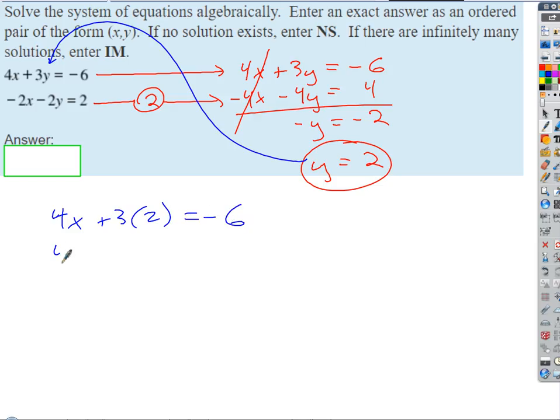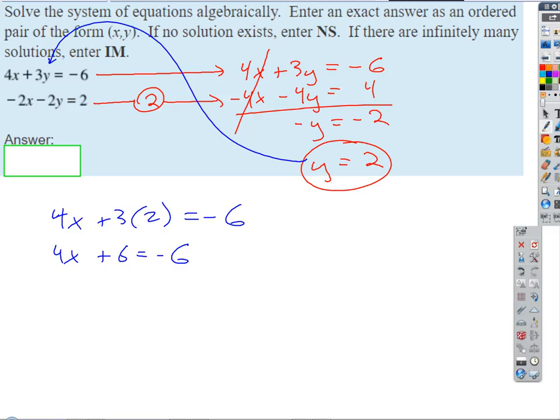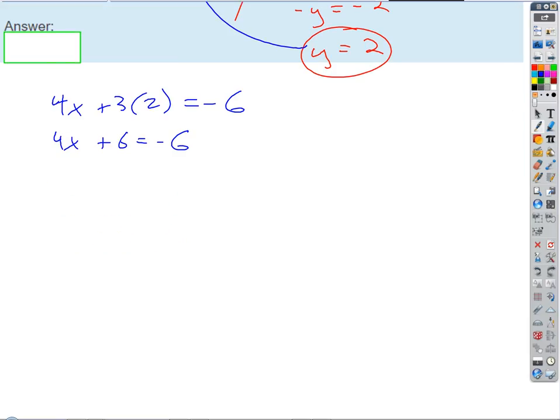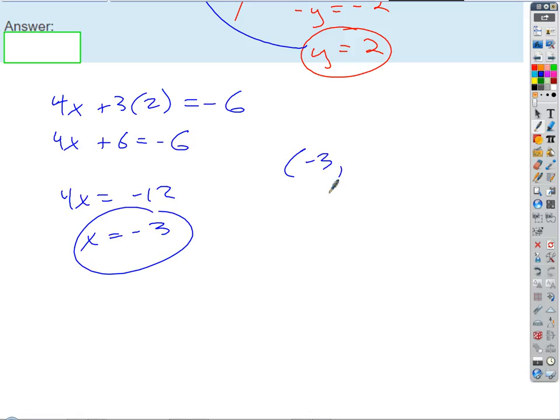So what's that give us? 4x plus 6 equals -6. What are the 2 steps in order to get the x by itself there? Good. Subtract 6 and then divide by 4. Very good. So that gives us 4x equals -12. So x equals -3. So it's the ordered pair. Remember, x goes first. -3, 2.